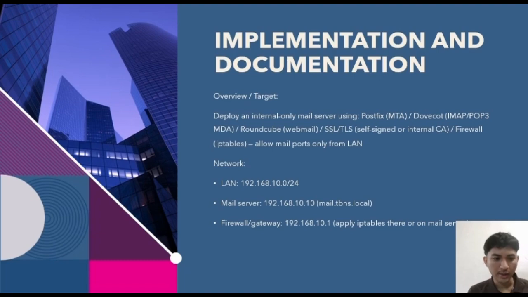The network setup includes a LAN within the IP range 192.168.10.0/24, a mail server at 192.168.10.10, and a firewall or gateway at 192.168.10.1 to control access. This ensures that all email communication is limited to the local network and fully protected.